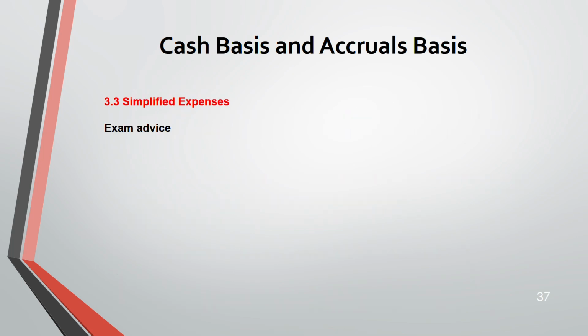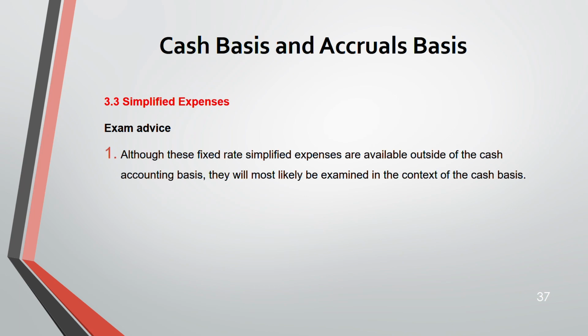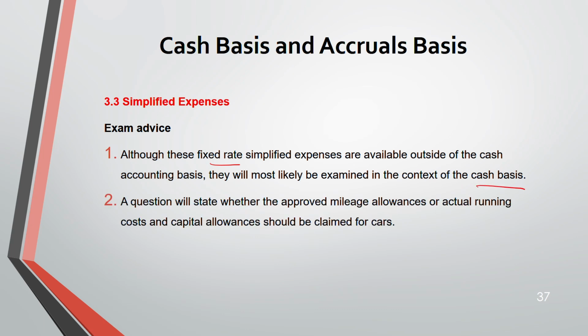Now, some exam advice. Advice 1. Although these fixed rate simplified expenses are available outside of the cash accounting basis, they will most likely be examined in the context of cash basis. So fixed rate, cash basis. Advice number 2.